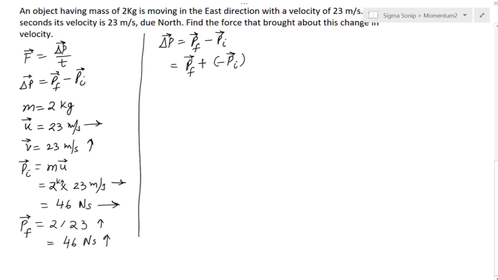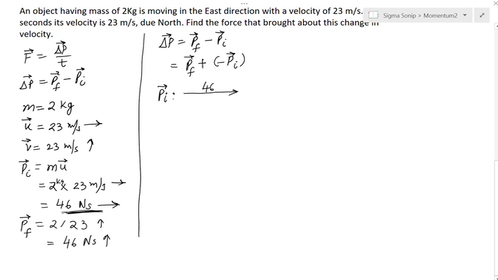Now I will draw these three vectors. So first one is my Pi, 46 Newton second in the east direction, so this length is 46.